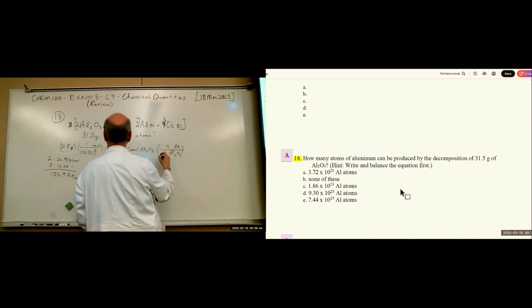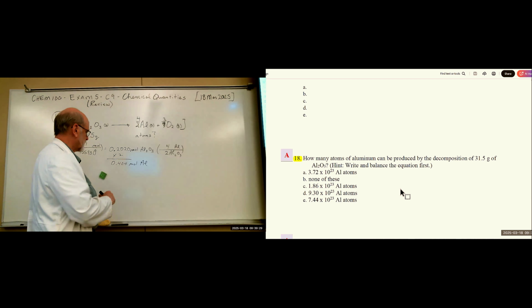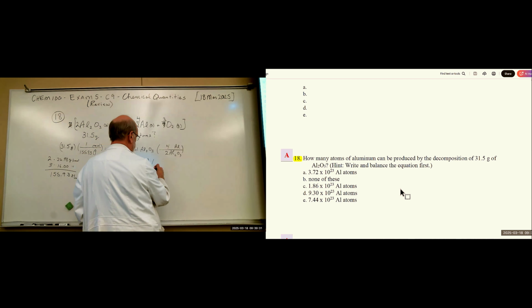The other way is just to recognize that if you have 0.2 moles of aluminum oxide, for every 1 mole of aluminum oxide, you have 2 moles of aluminum. So it's going to be 2 times that value. Either way works. But the question was atoms. So we have 1 more conversion to go.